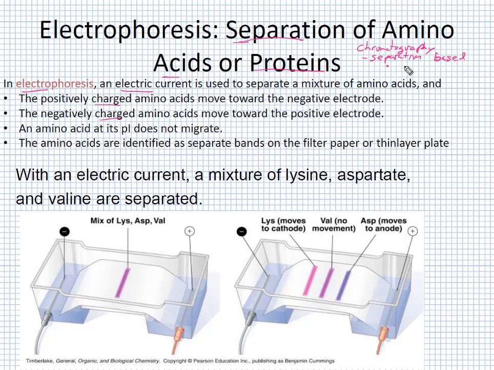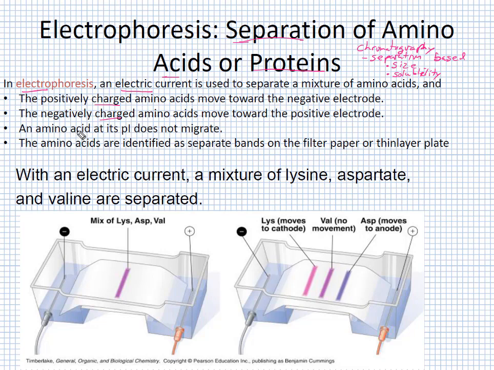It could be based on the size of the individual particles, the size of the polypeptide or protein, how many amino acids are in there, or it could be based on solubility, and that's what we would have done in the laboratory, a chromatography based on solubility.